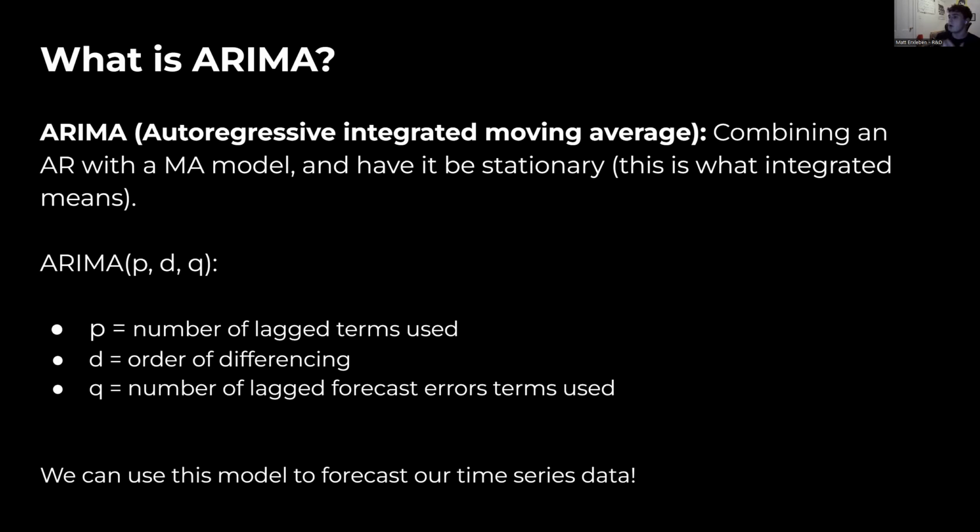If you remember, we did an order of 2 to make the time series data close to stationary. So in the ARIMA model, you have 3 parameters because it's using all 3 of these things and combining them into one model. You have 3 parameters: P, the number of lag terms to use; D, the order of differencing; and Q, like in the MA model, the number of lag forecast error terms used.